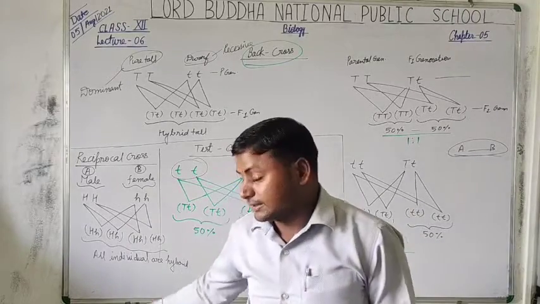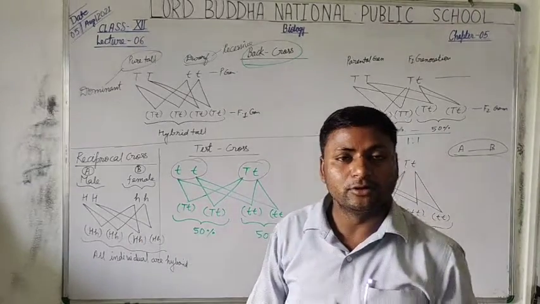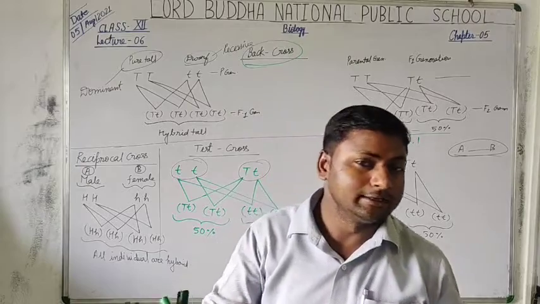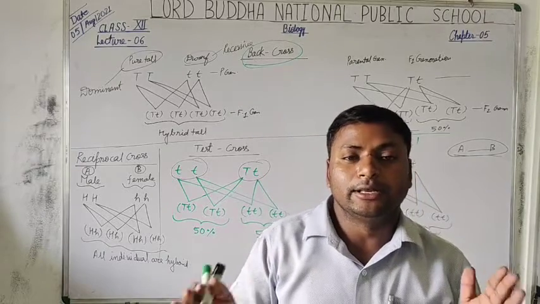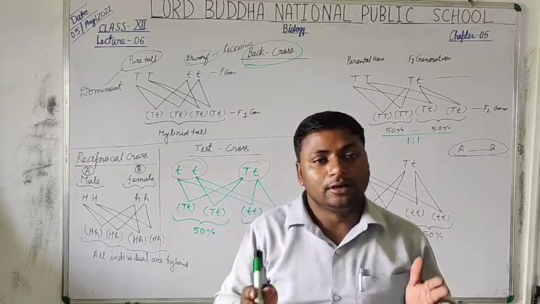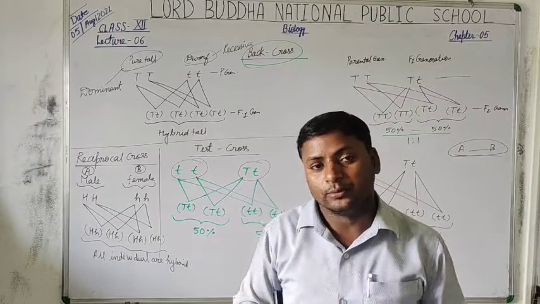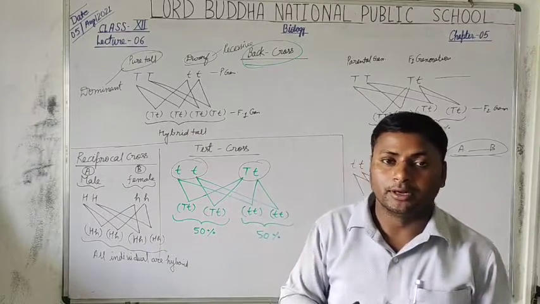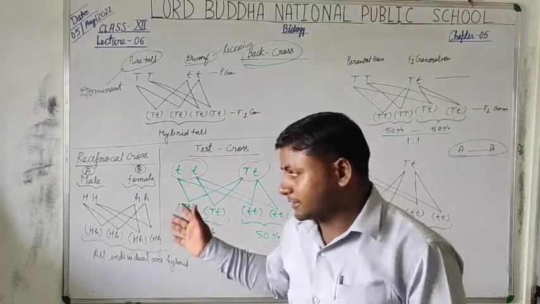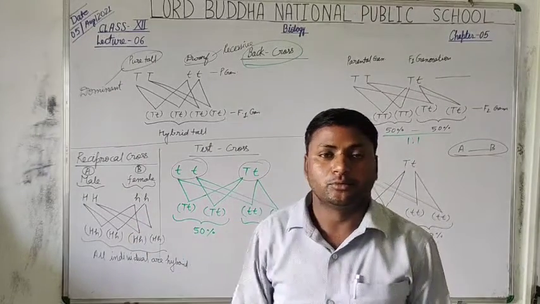Thus students, this is called reciprocal cross. In short, reciprocal cross is a cross made between a male individual plant and a female individual plant by artificial means.